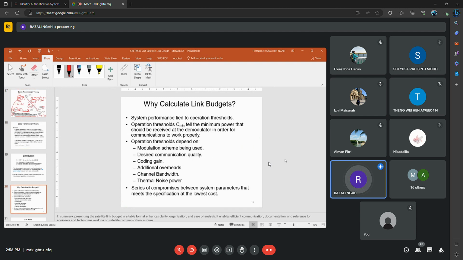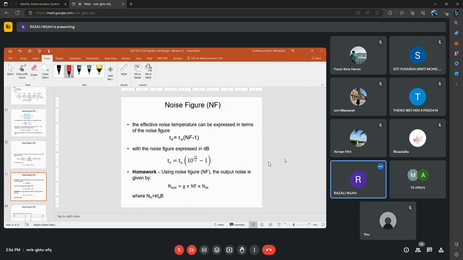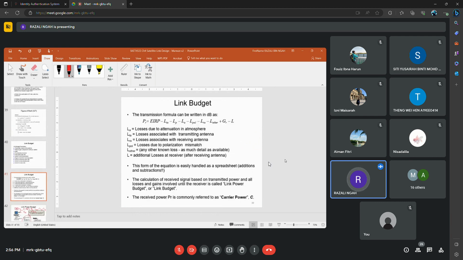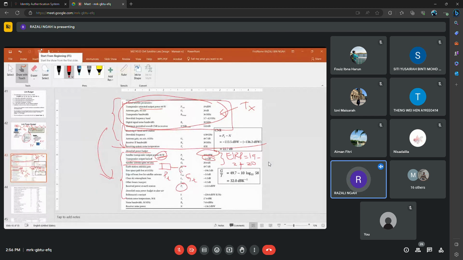So back to the parameters in this slide. This refers to the transmitter. We consider the transmitter part. You have 80 watts, referring to the transmitting output power, the saturated output power.